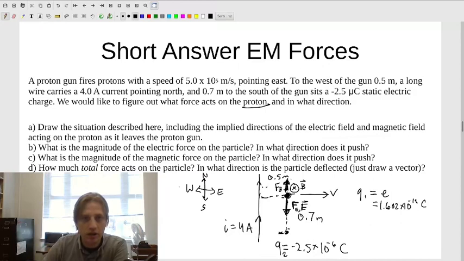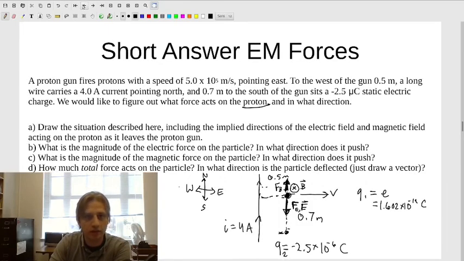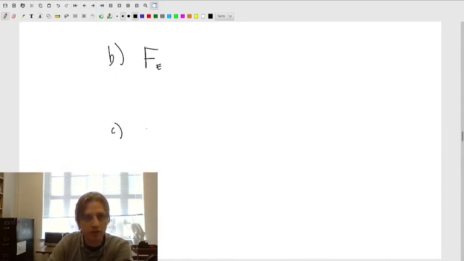Okay, so if we then want to plug in our numbers, part B asks what's the magnitude of the electric force on the particle? We found out what direction it pushes. Part C asks what is the magnitude of the magnetic force, and part D asks how much total force acts on the particle.